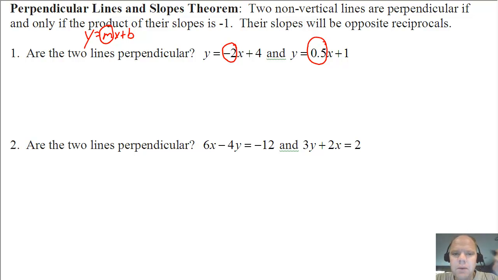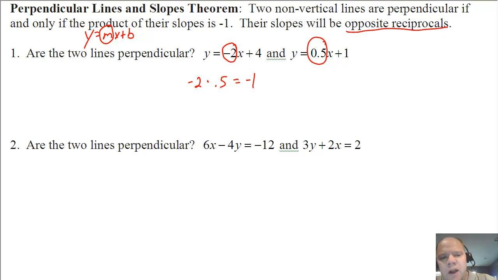If we think about whether the product is -1, if I take -2 and multiply it by 0.5, you'll notice that we get -1. So we know that those are perpendicular to each other. I also mentioned that their slopes are opposite reciprocals of each other.